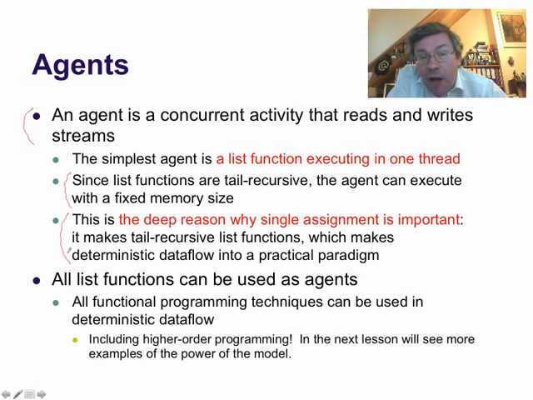And so we finally arrive at the deep reason why single assignment is so important. It makes tail recursive list functions possible, and that turns deterministic data flow into a practical and powerful paradigm. In fact, all list functions can be used as agents. All functional programming techniques can be used in deterministic data flow, including higher order programming. So in the next lesson, we'll see more examples of the power of this model.